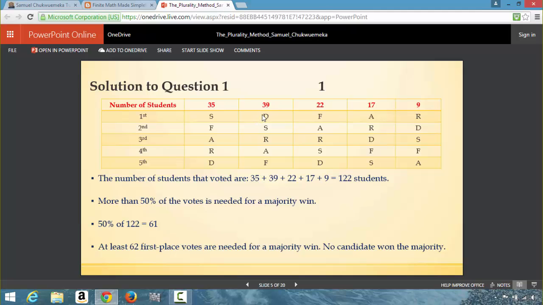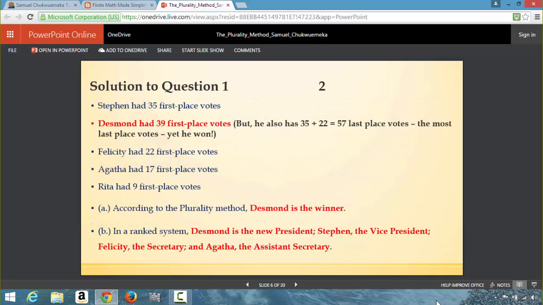You can just look at it for yourself. I know that 57 is less than 61, and also less than 62, so it's not up to 50%. But yet, more people don't like him than those who like him, and yet he won the election. That is one of the problems with the plurality voting method.